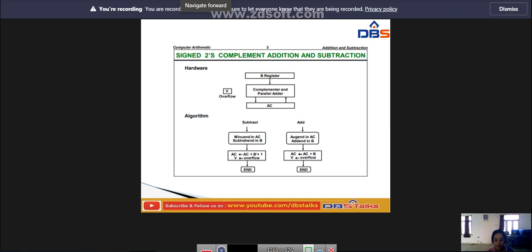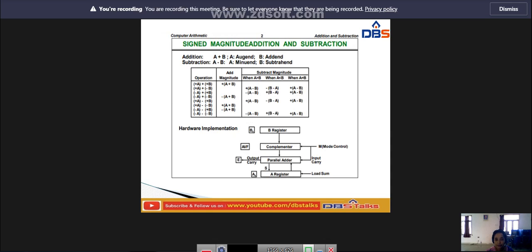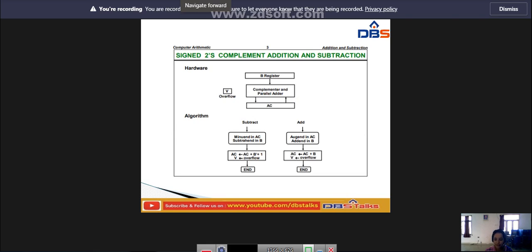Next, coming to signed, this is the sign magnitude addition and subtraction. Now I am talking about the signed two's complement addition and subtraction, and how it works.